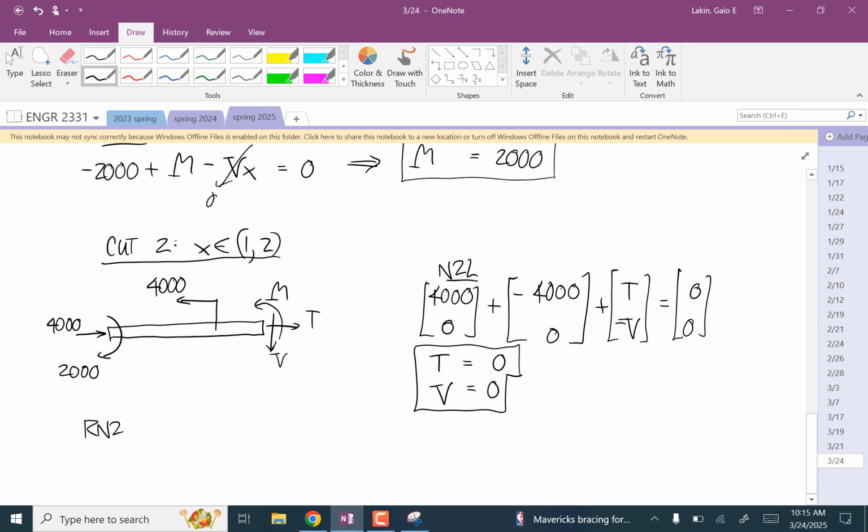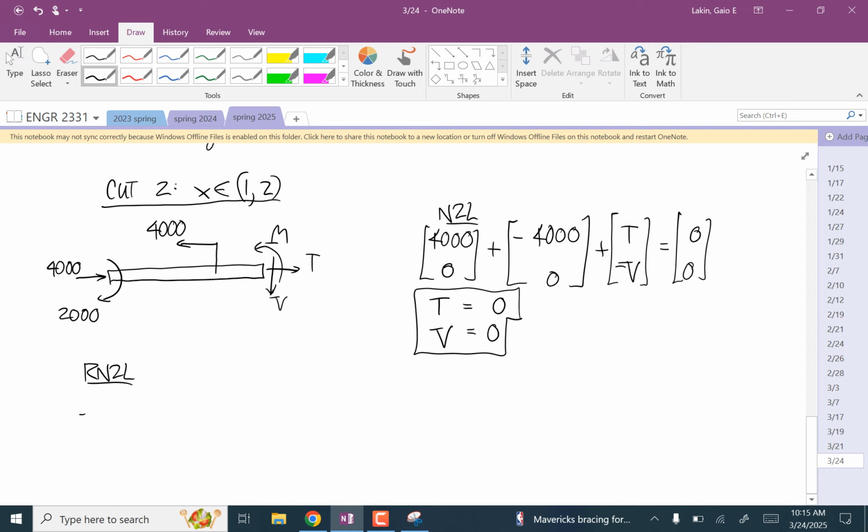And then the moment equation about the z-axis says negative 2,000 plus M minus Vx is equal to 0. Vx is 0. So M is equal to 2,000.